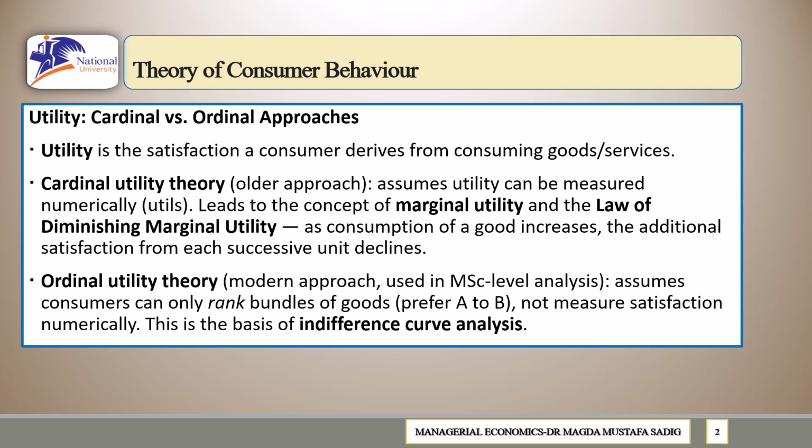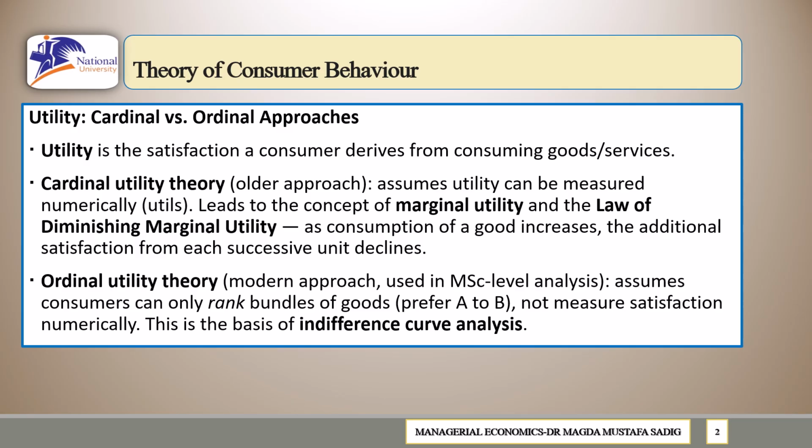This leads to the concept of marginal utility. Marginal utility is the additional satisfaction obtained from consuming one more unit. The law of diminishing marginal utility states that as consumption increases, each additional unit provides less extra satisfaction.